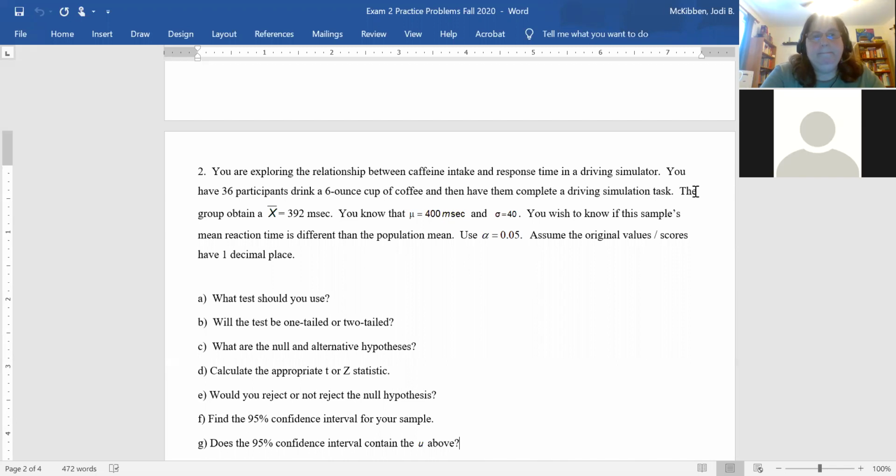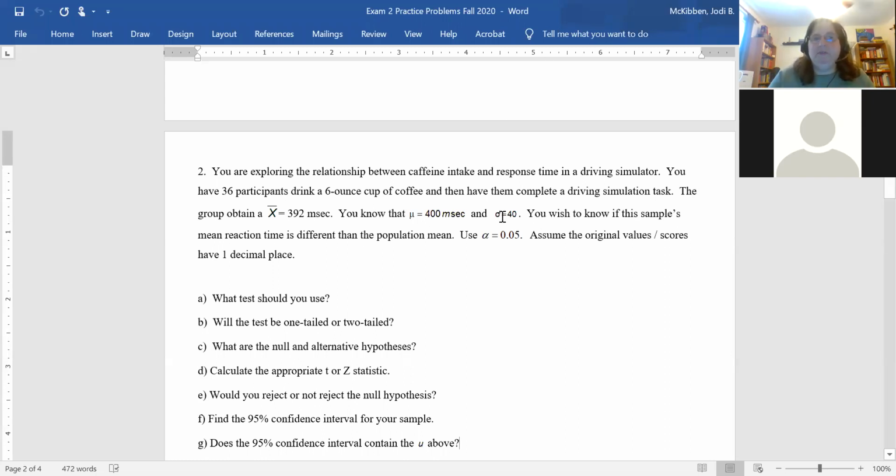So let's look at this one. I've got a sample mean and a population mean. Aha, it must be either the z-test or t-test for a single sample, because those are the only 2 that compare a sample mean to a population mean. Okay, now which one is it? Well, I'm given a sigma.